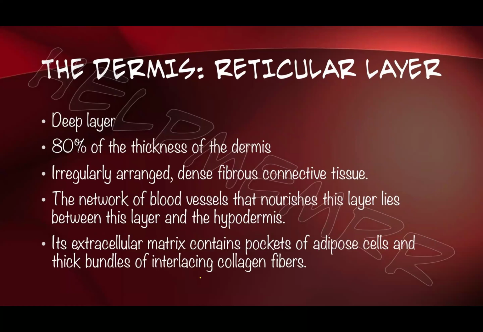Now, the reticular layer is going to be 80% of the thickness of the dermis. So most of the dermis is that layer. This is irregular dense fibrous connective tissue, or dense irregular connective tissue.